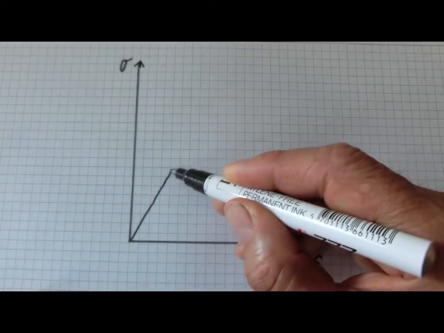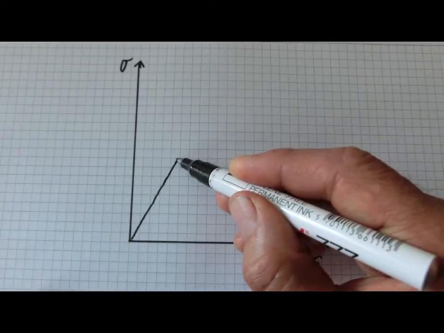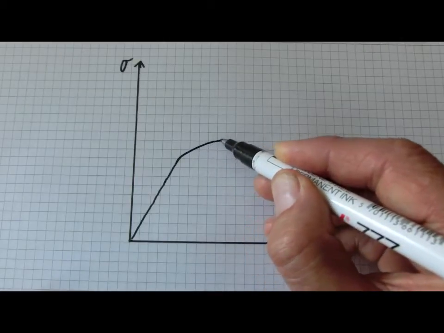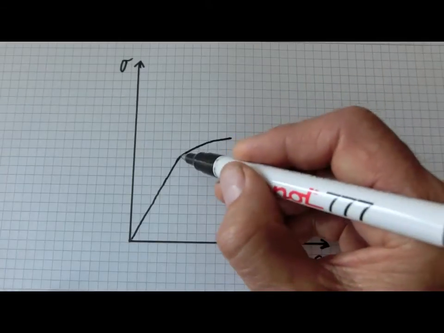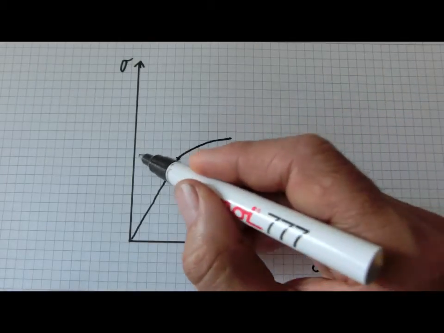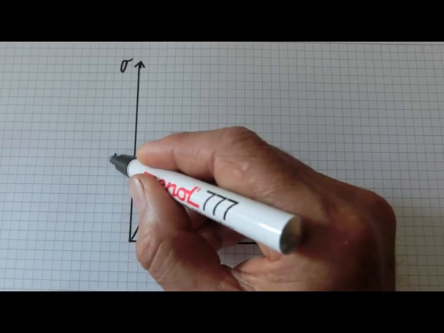But at a certain point we come into the plastic deformation. And here the line turns over into a more smooth curve like this. So this is a plastic deformation part. And this point, which is the yield strength of the material, can be marked here. We call it, in this case, sigma S.